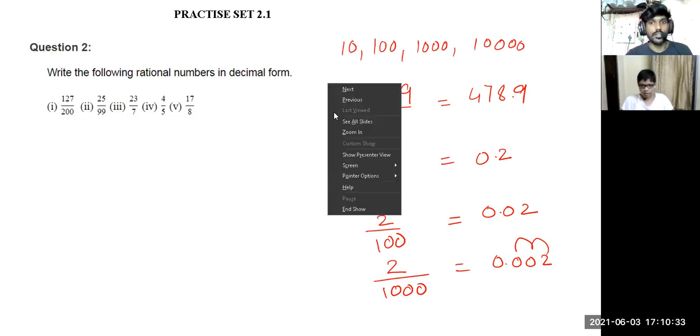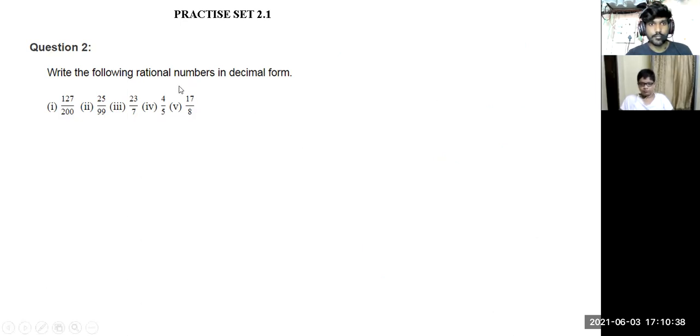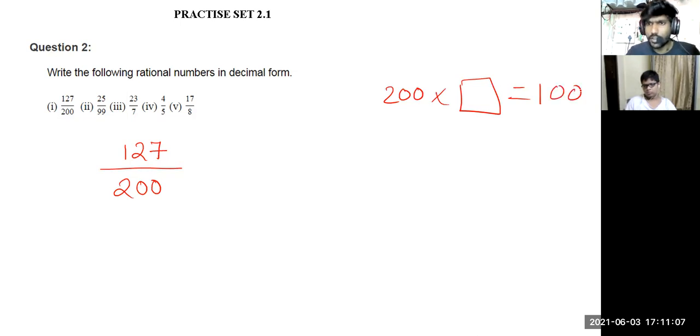Okay, now coming back to this question. It was 127 upon 200. Now look at the denominator carefully. It is 200. It is not 100. But can you multiply it with some number so that we get something in terms of 10, 100, or 1000?